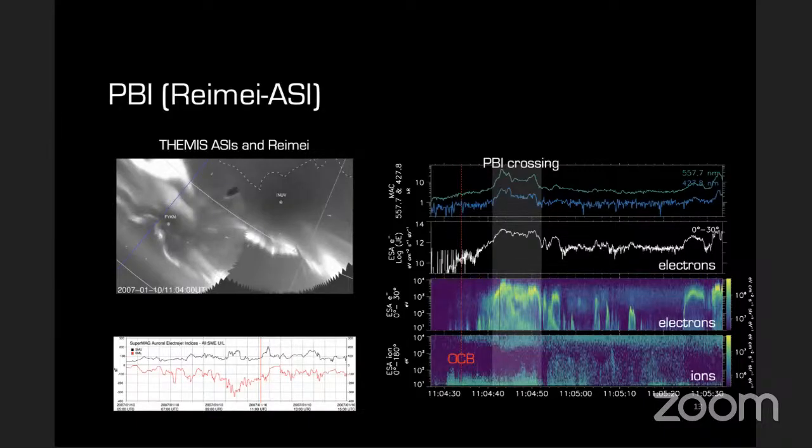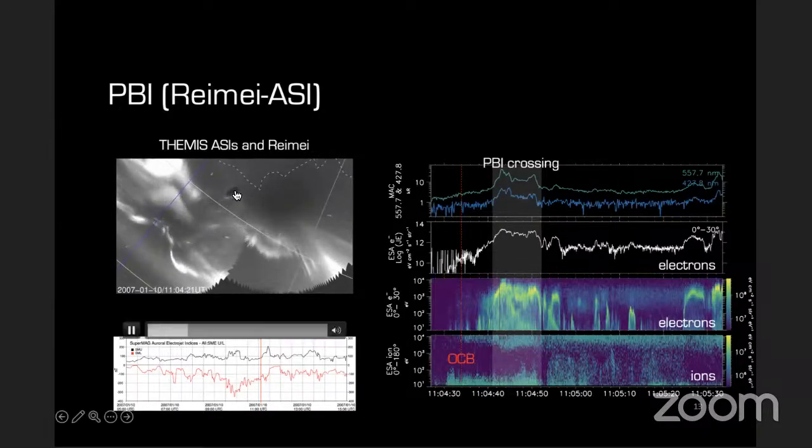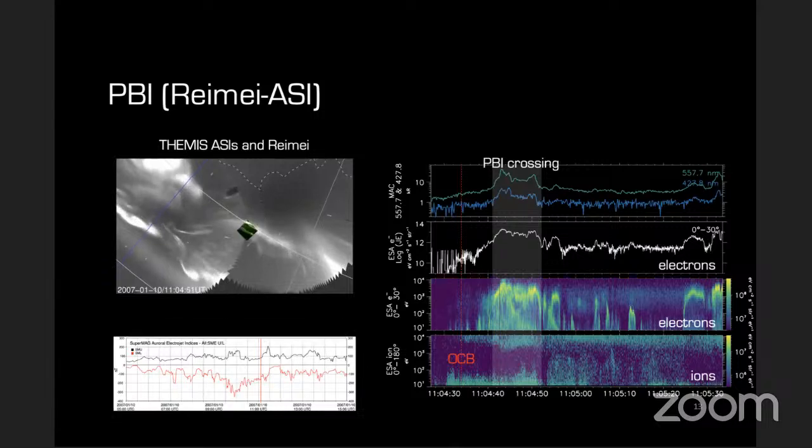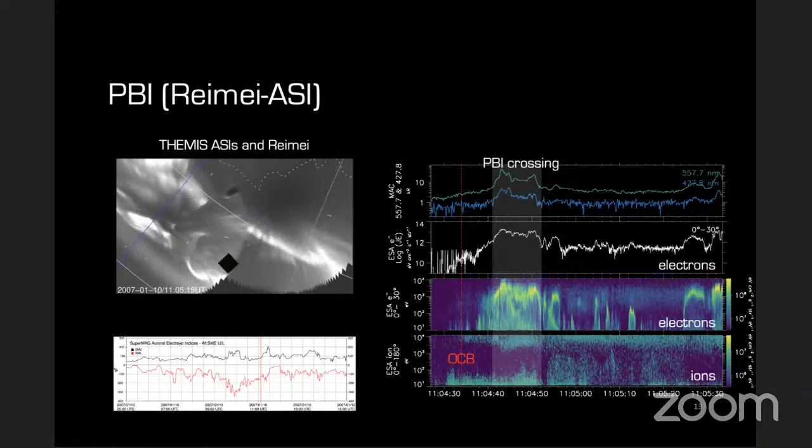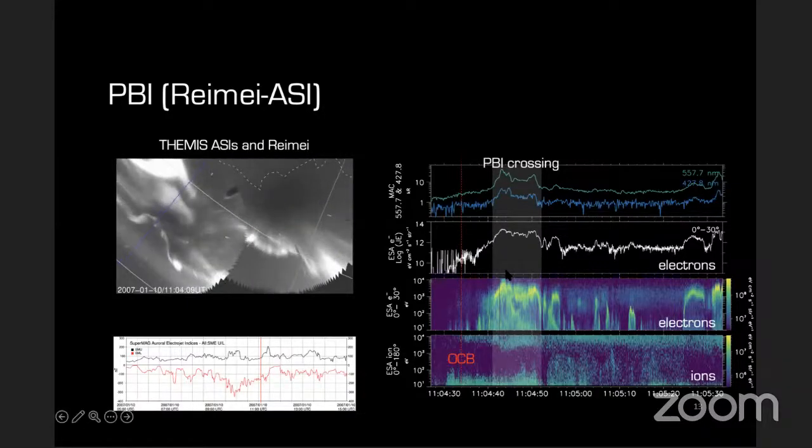This is a direct comparison between auroral intensity at Rayleigh point and energetic particle flux data. During the PBI crossing, in this interval, Rayleigh observed energy-dispersed electron flux here, less than 1 keV.